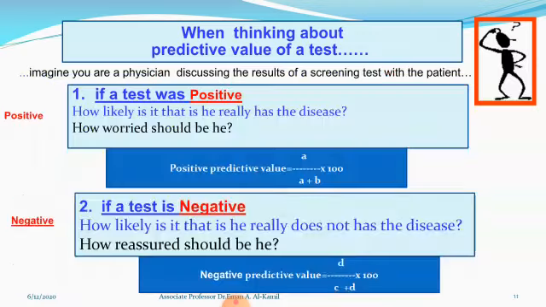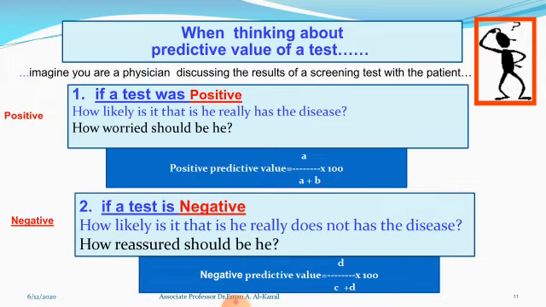When thinking about the predictive value of a test, imagine that you are a physician discussing the results of a screening test with the patient. If a test was positive, how likely is it that he really has the disease?